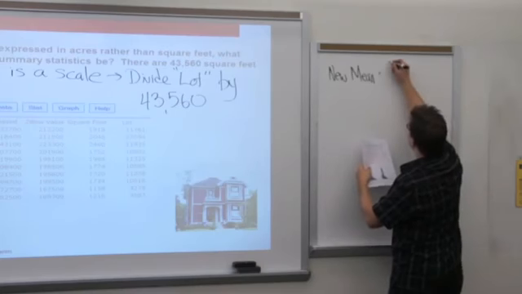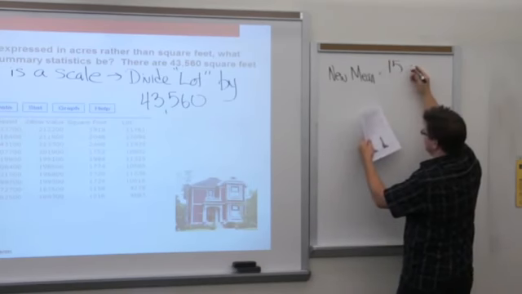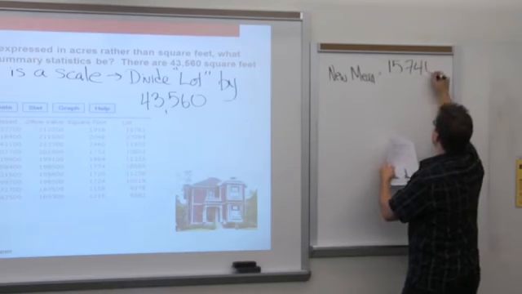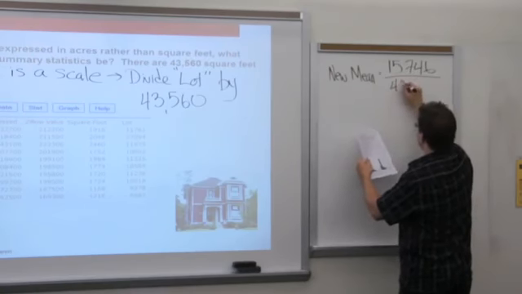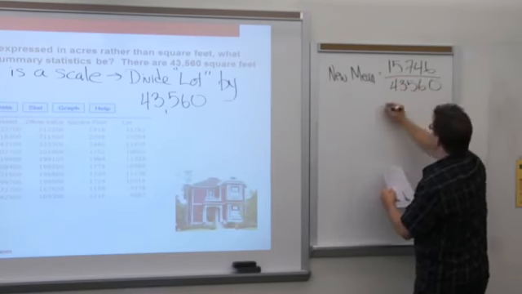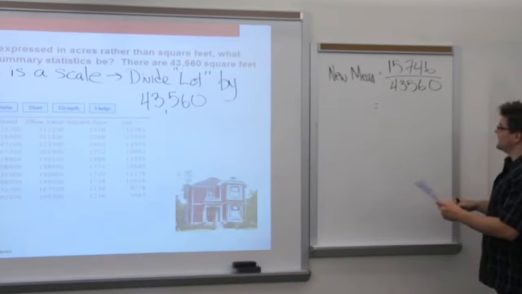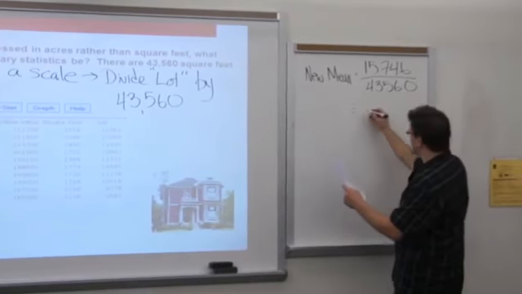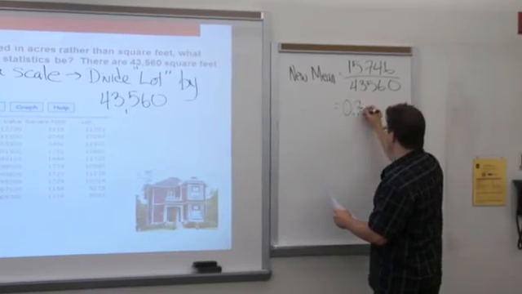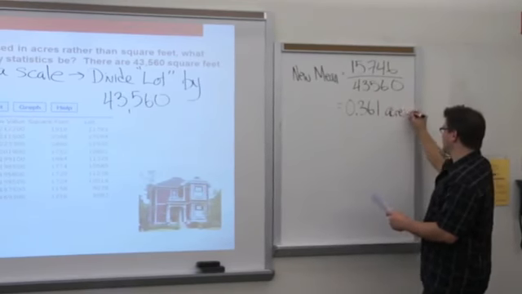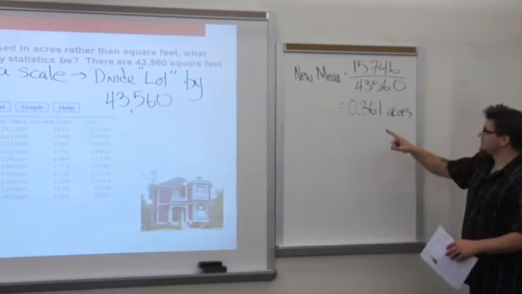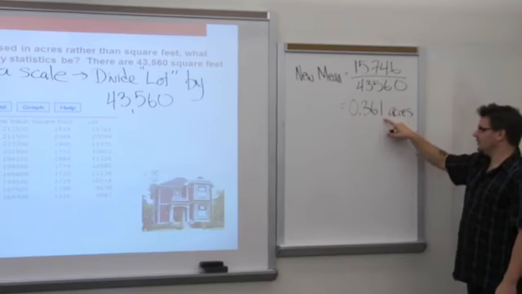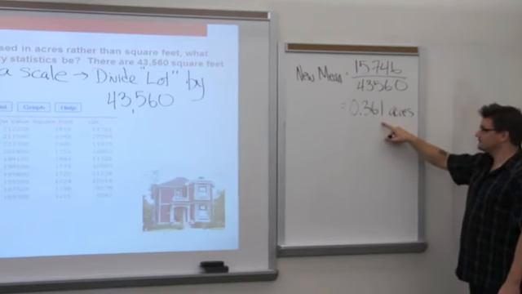So here's what would happen. New mean is 15,746 divided by 43,560. If you do that at home, I trust that you can, you get 0.361 acres. So the average lot size is a little bit more than 1/3 of an acre.